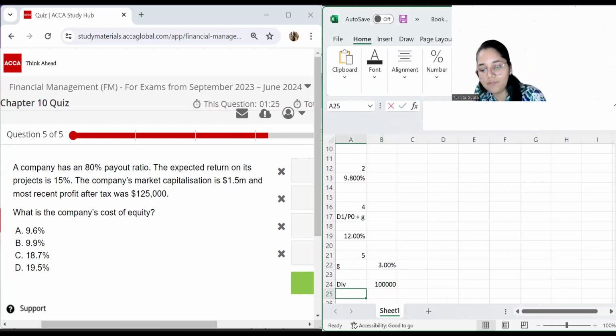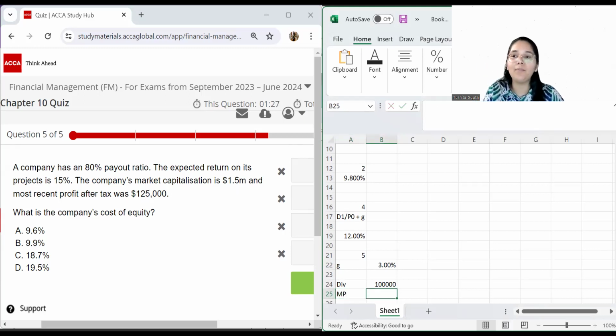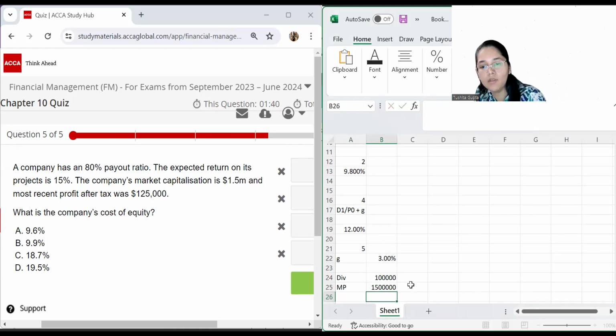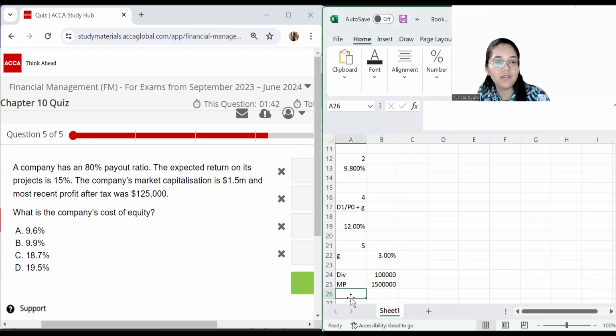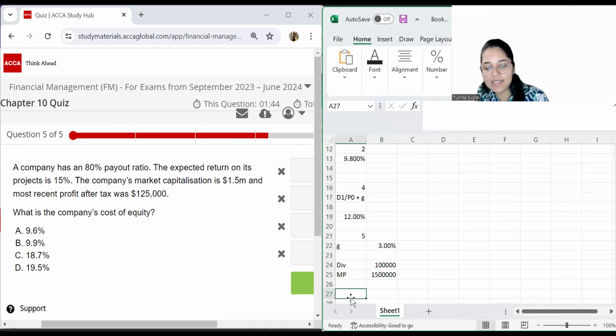And then you have the market price. Basically, market capitalization means the number of shares multiplied by the market price per share. So because we are working in absolute terms, not in per share terms, we are going to take 1.5 million itself. Right, so this is 1.5 million over here. Now let us apply simply the formula to calculate the cost of equity.